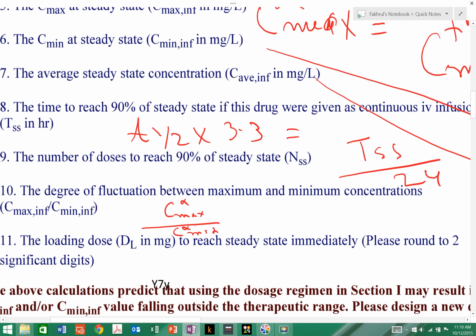And loading dose, to calculate loading dose immediately, that means you have to use dose, as if the question is asking to calculate loading dose immediately, you have to use C max you have calculated at infinity times volume of distribution.